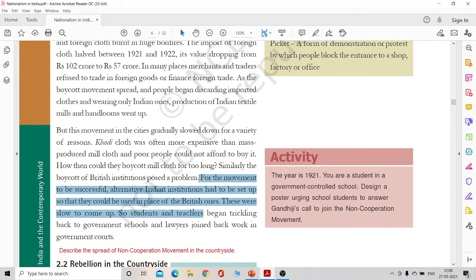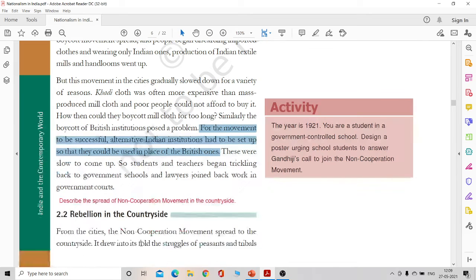So they had to be set up in place of British ones for this flux of students, teachers, judges, etc., to move into indigenous places of work. However, because there was no alternative, the people who were protesting were forced to go back into the British institutions, because obviously, how long can you stay jobless, right? So a matter of livelihood came up, right?